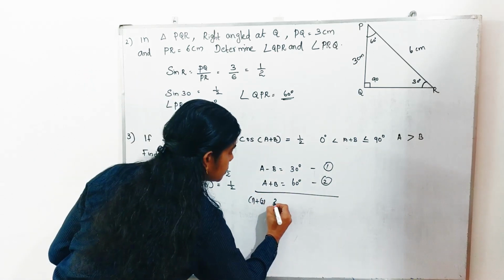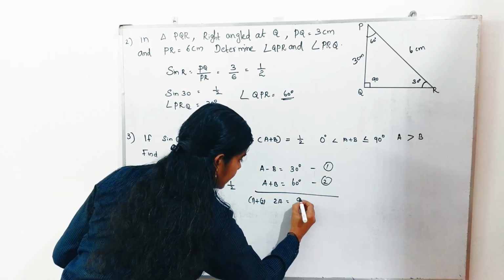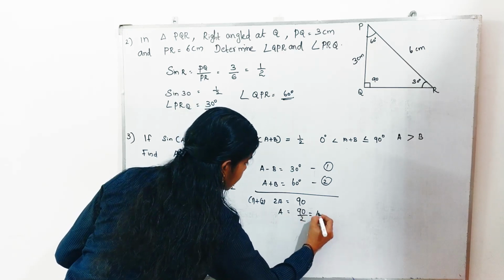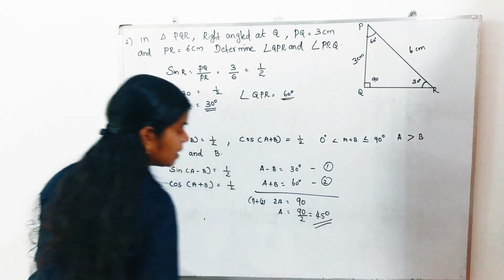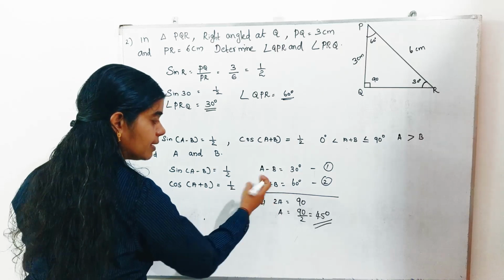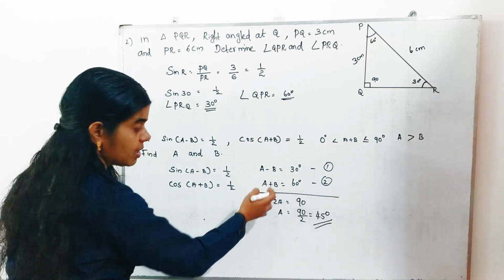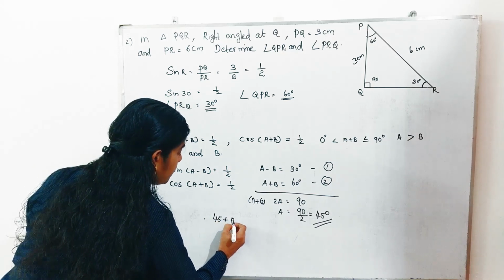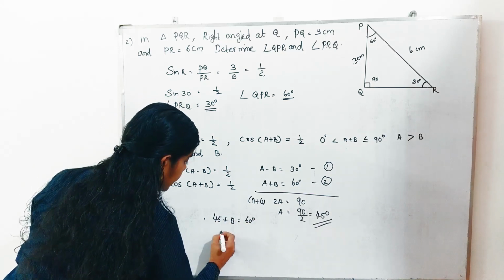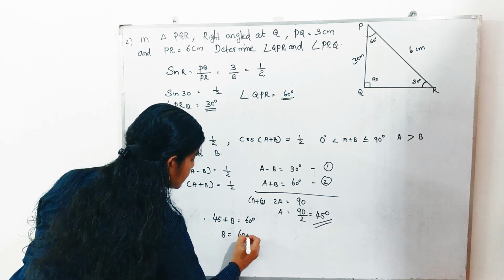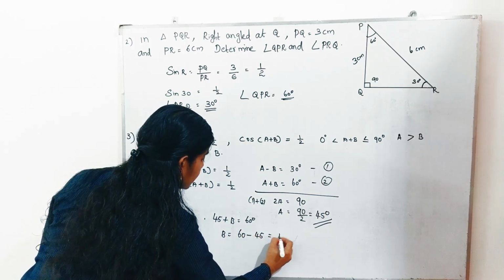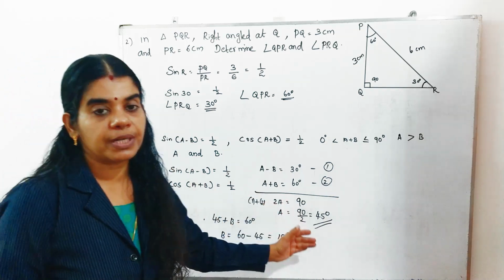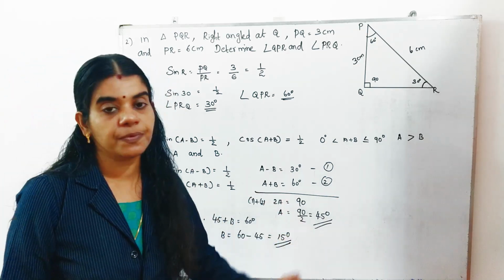So you will get 2A is equal to 90. So A is equal to 90 by 2, that's equal to 45 degree. And substitute this value in any equation. I am doing in 2. So 45 plus B is equal to 60 degree. So B equal to 60 minus 45, that is equal to 15 degree. So A is equal to 45 degree, B is equal to 15 degree.